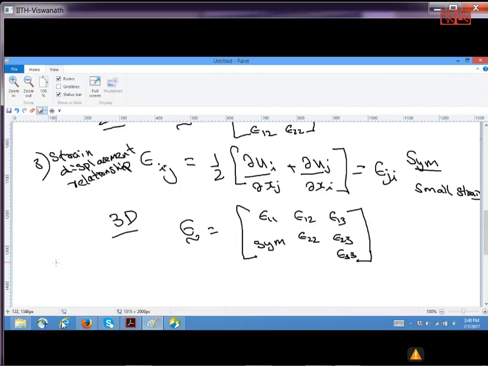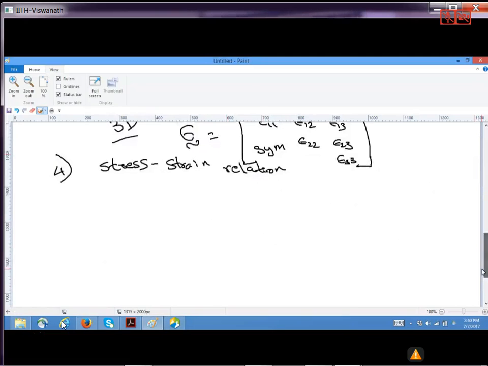And then the fourth point we discussed in the previous class is the stress strain relationship. Assuming that we are only in the linear elastic region, we said that according to Hooke's law, sigma is proportional to epsilon.